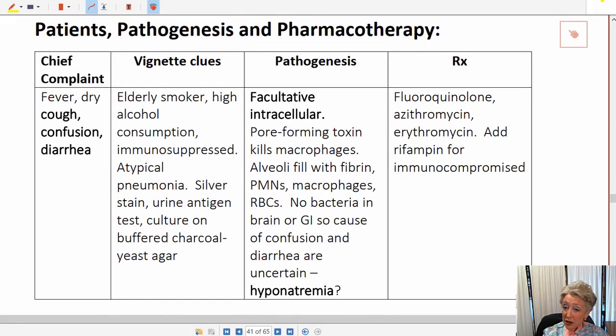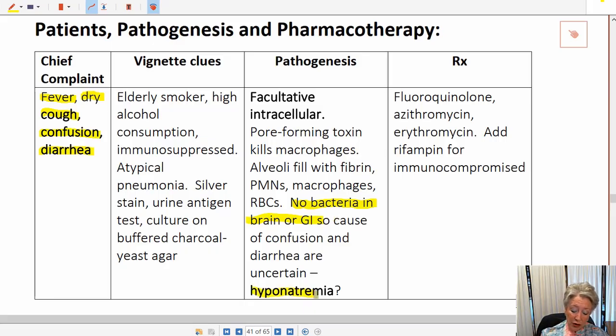So, atypical pneumonia, we've spoken about this before. It's going to be febrile with a dry cough. Notice that this is unusual because I also see mental disturbances and diarrhea. We do not have a good explanation of that because there are not any bacteria in the brain or GI tract.